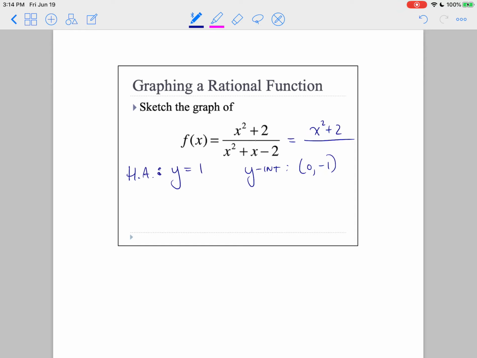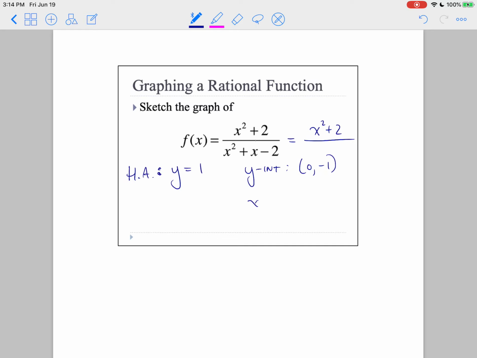And if I really think about it, is there any number you can think of that when you square it, which makes it positive, and then add 2 to it, can it possibly be 0? Can you square a number and add 2 to it and get 0?